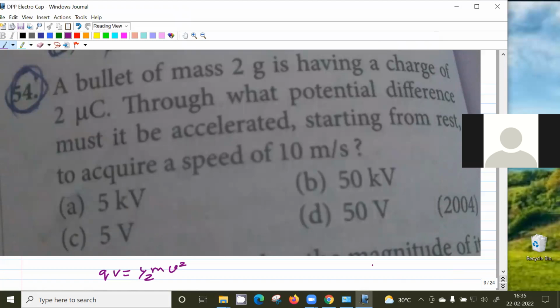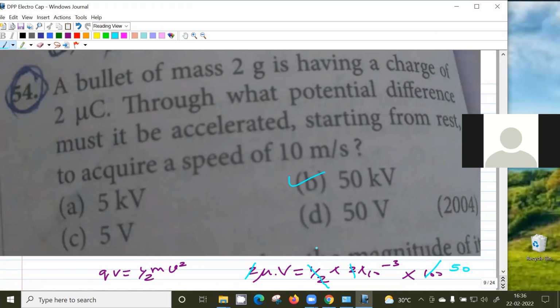So what is the answer? Fifty kilowatts. Is that correct?